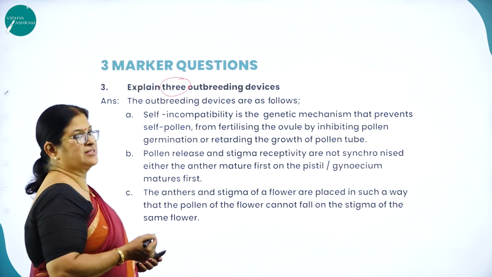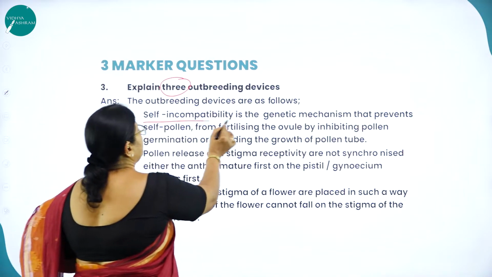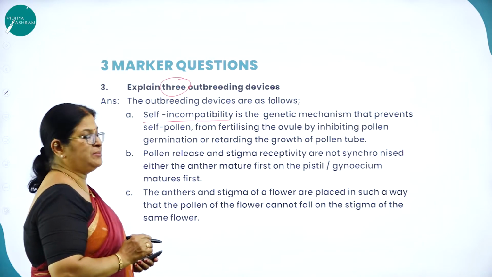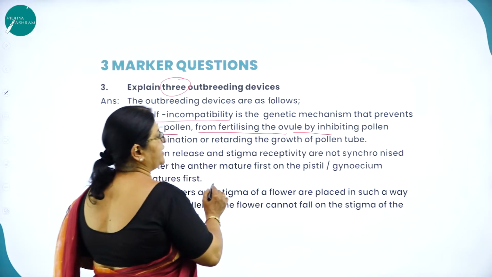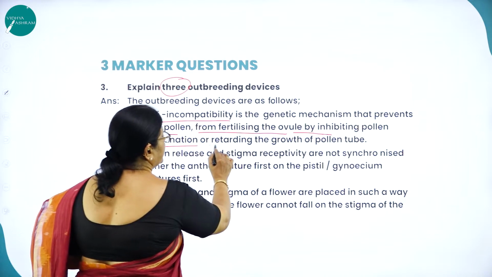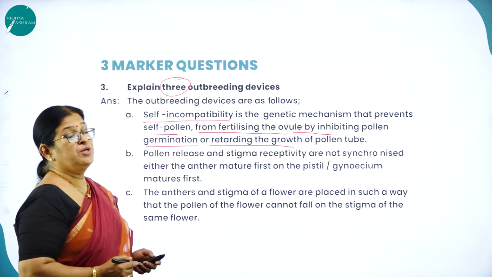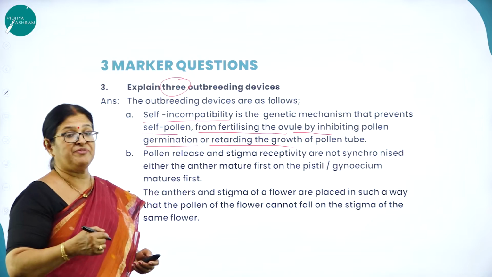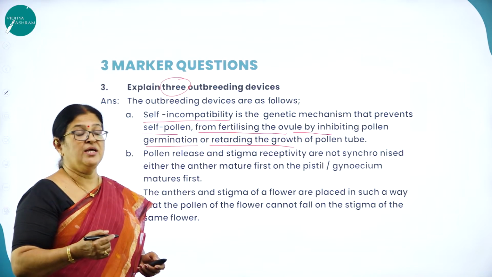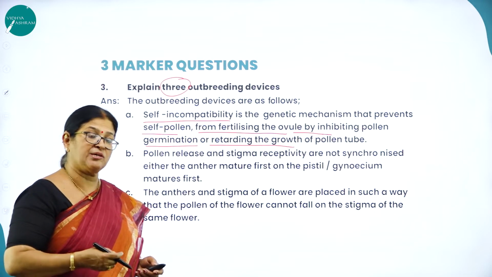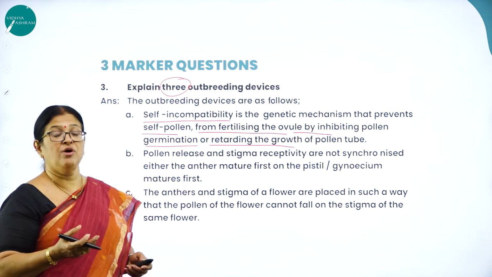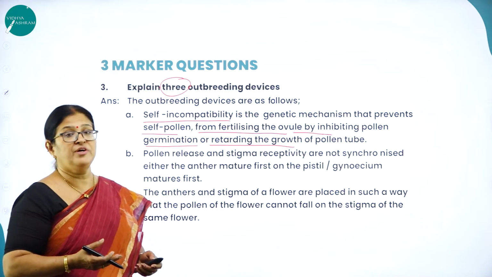The outbreeding devices are as follows. Self-incompatibility is the genetic mechanism that prevents self-pollen from fertilizing the ovule by inhibiting pollen germination or retarding the growth of the pollen tube. So, you know, the stigma receptivity, it is called self-incompatibility. Even if the pollen grains come and fall on the stigmatic surface, it will not receive them or it may avoid the process of germination.